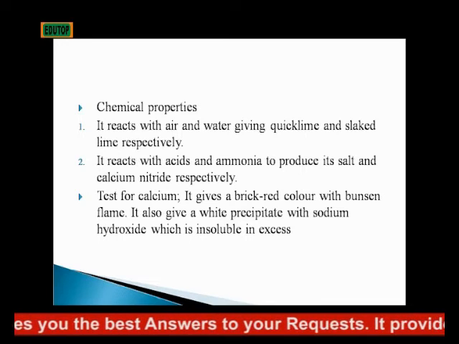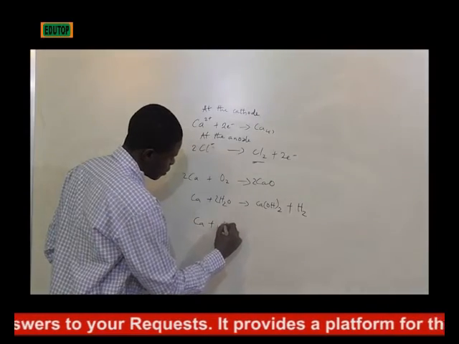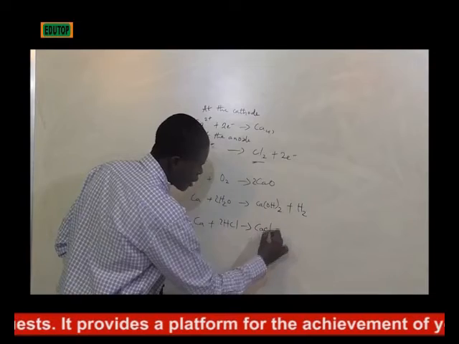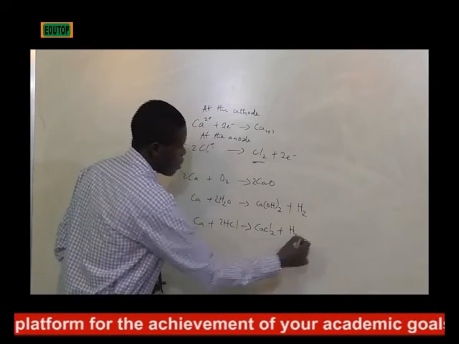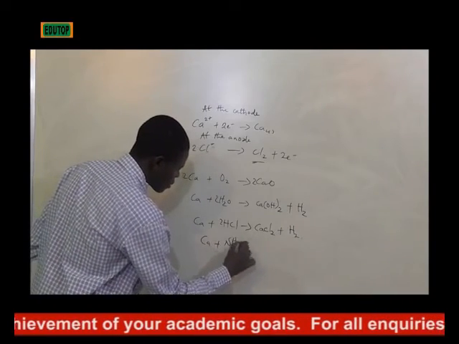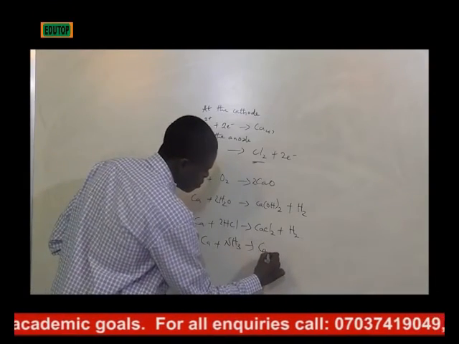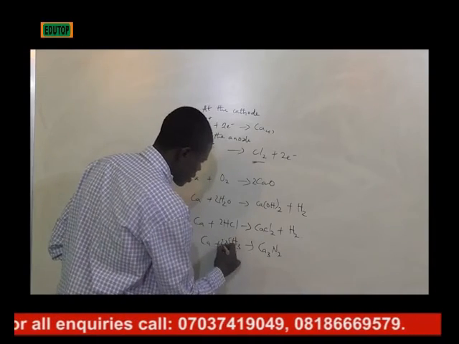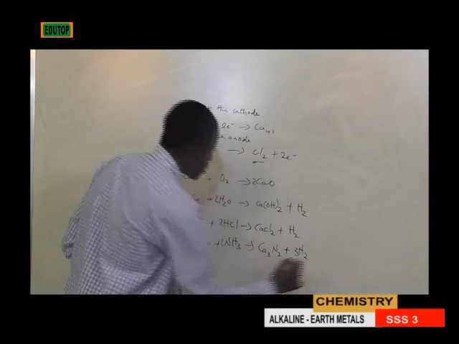It reacts with acid. Calcium reacts with an acid such as hydrochloric acid to give calcium chloride, which is a salt, and liberate hydrogen gas. Whereas it reacts with ammonia to give calcium nitrate and also hydrogen gas.